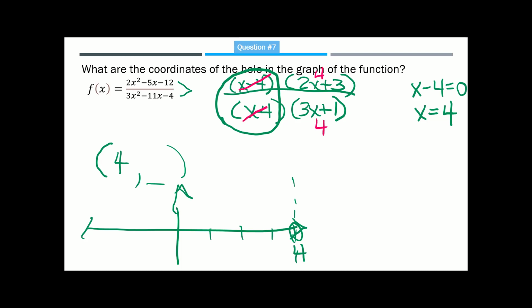This is going to cancel out. 2 times 4 is 8. 8 plus 3 is our numerator, and 3 times 4 is 12 plus 1. 12 plus 1 is our denominator. 8, 9, 10, 11, 12, 13. So we have a hole in the graph at 4, 11 13ths.